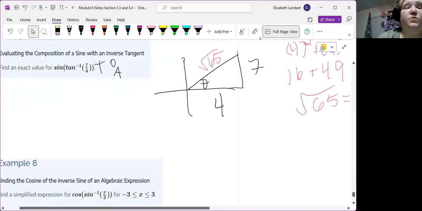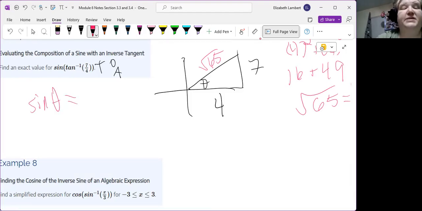All right, so they asked us, what is the sine of the angle we're talking about here? So the sine of this angle is the opposite side, 7 over the square root of 65. Now, Webwork probably should take that.